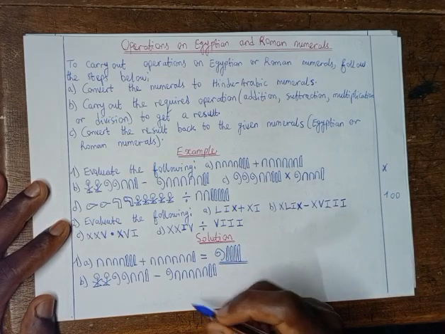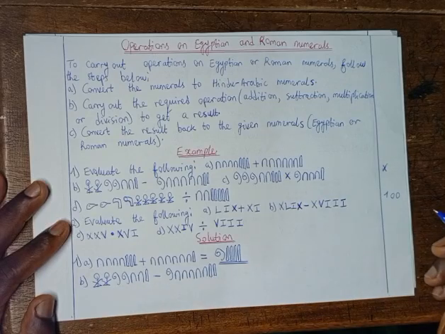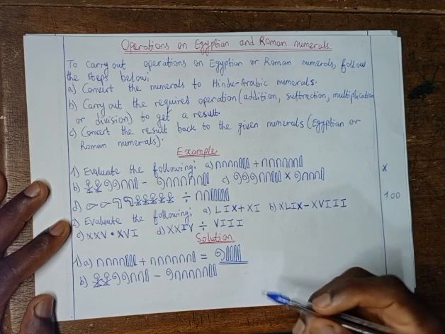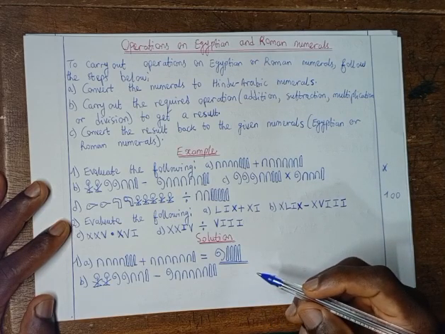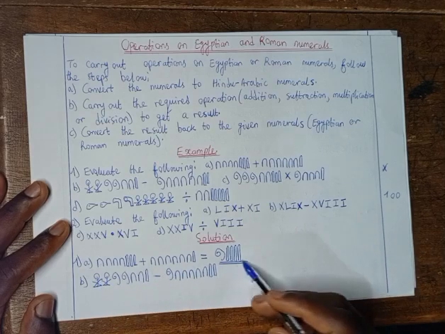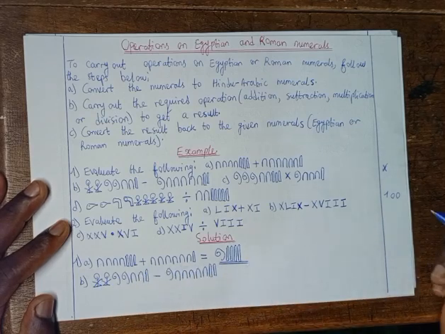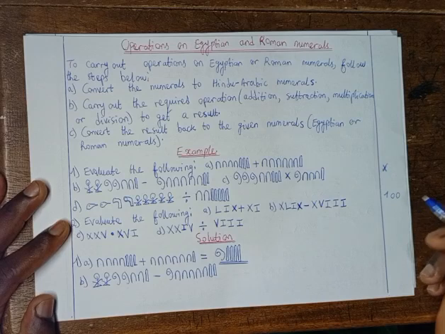First thing, for us to perform this subtraction, we need to convert these Egyptian numerals to our own numerals, the Hindu-Arabic numerals. Then we perform the subtraction. Then next we convert the result back to Egyptian numerals. It will be very difficult for us to follow the same procedure we did for question A.